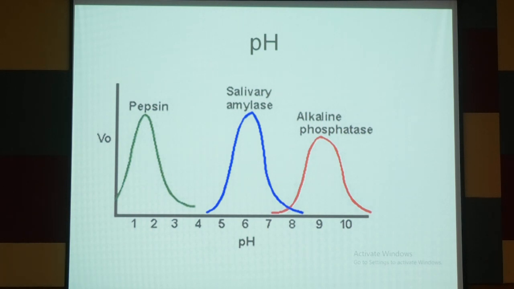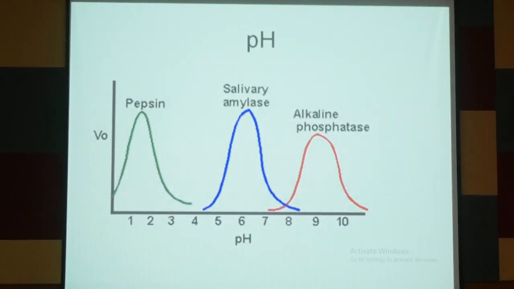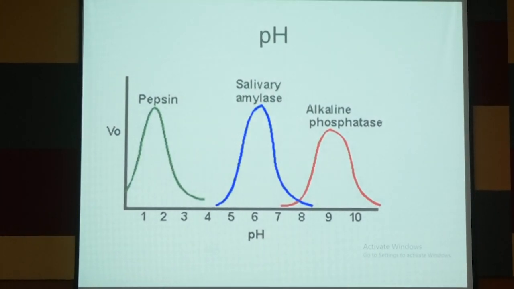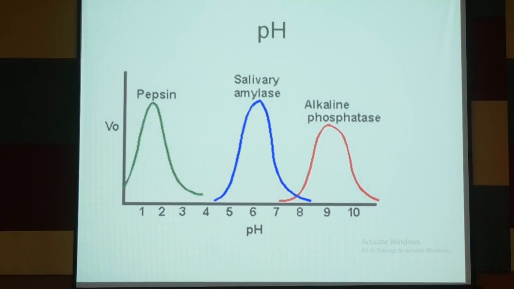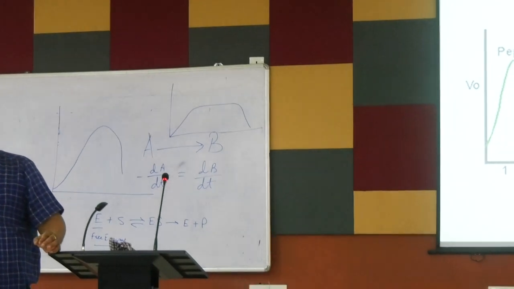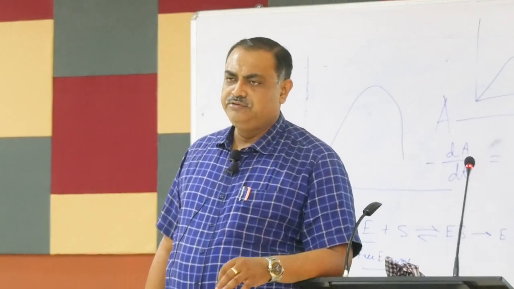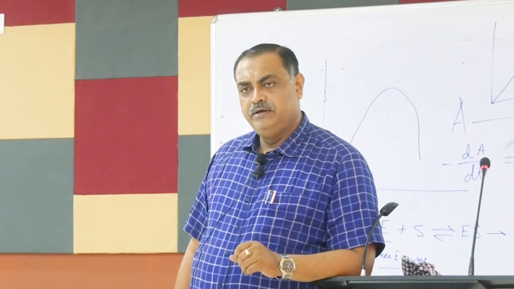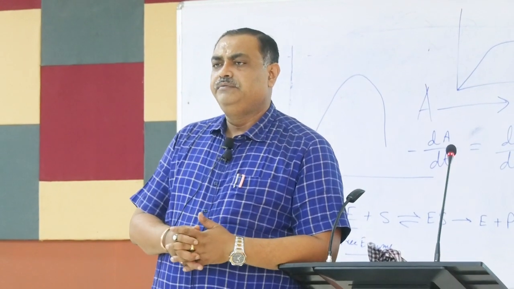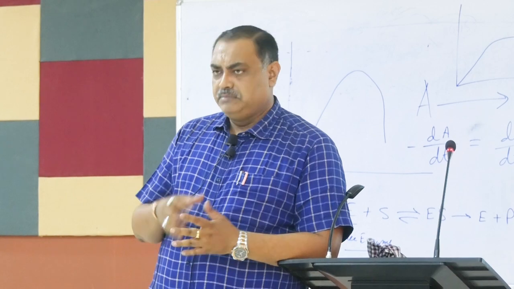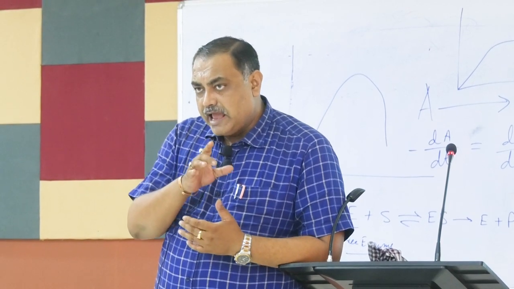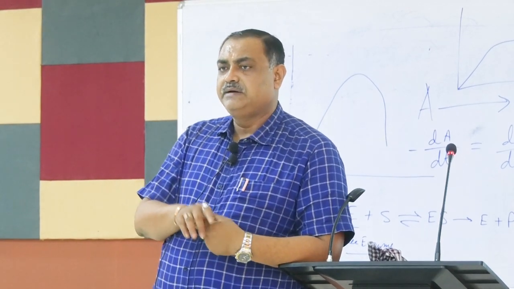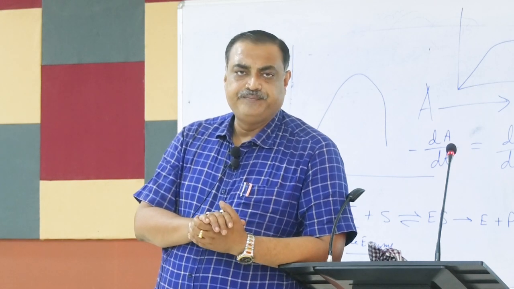And then you can draw the optimum pH of pepsin, salivary amylase, and alkaline phosphatase. Then you must explain the role of pH in controlling the rate of the reaction or enzymatic activity. Now, if you can recall from my last class, the active site contains a substrate binding site or catalytic site.